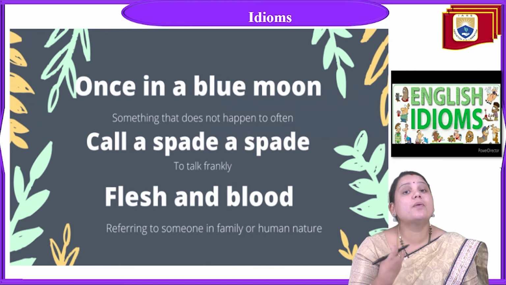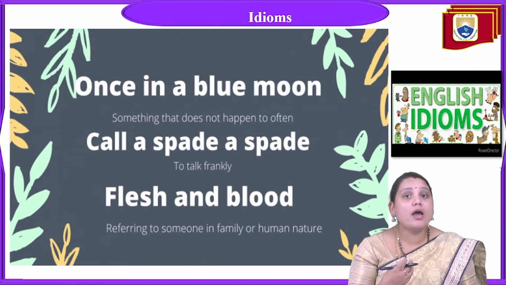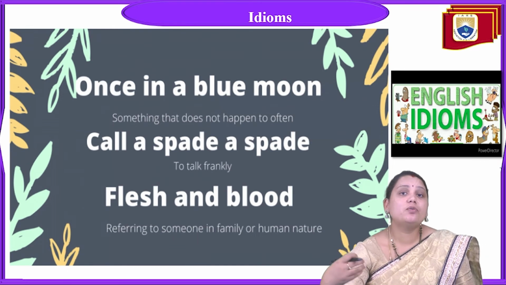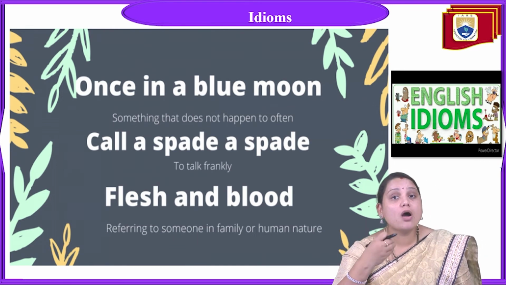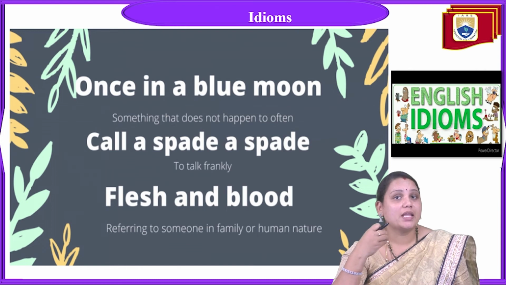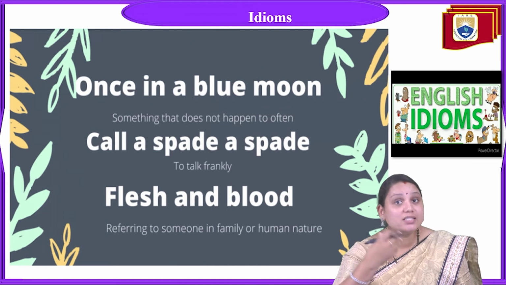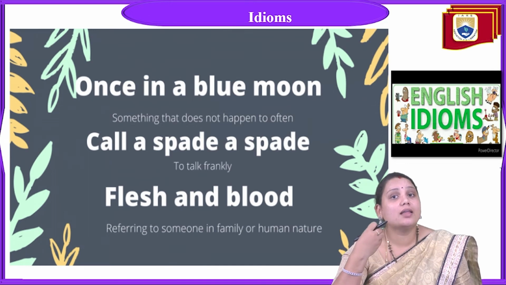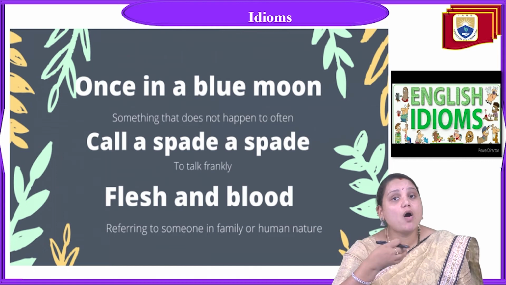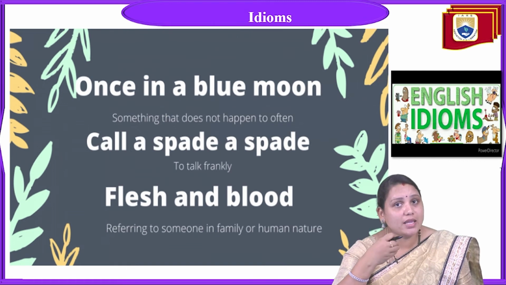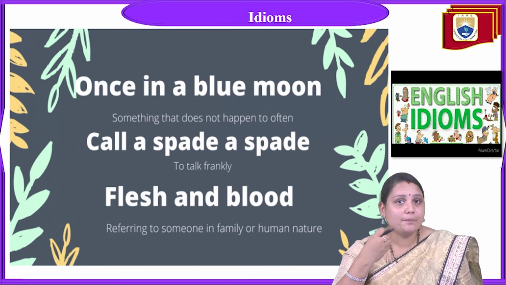A person from your family or a person from human nature. Isn't it? That one person who belongs to our category. See, the simple phrase flesh and blood could give this expression. Of course, it is rendering that expression of owning our own people around us when it comes to our own family or some other people.